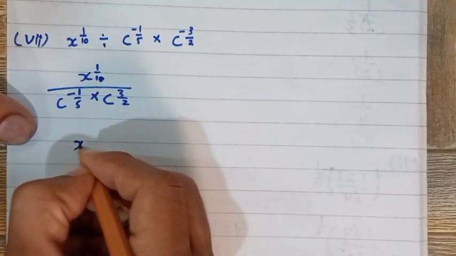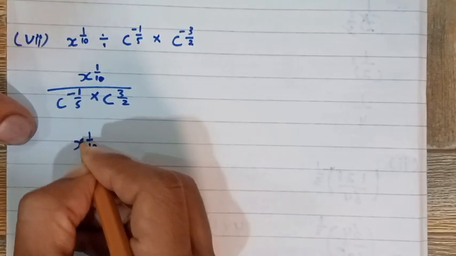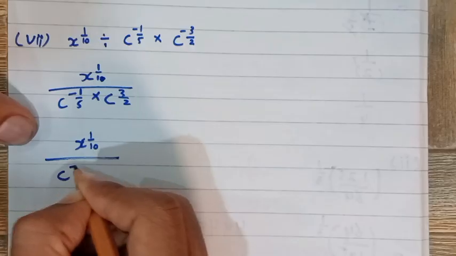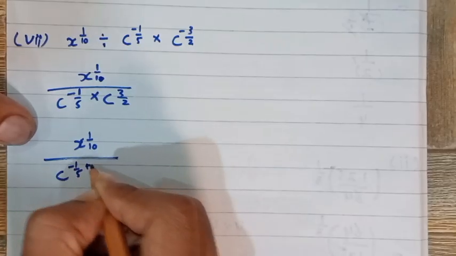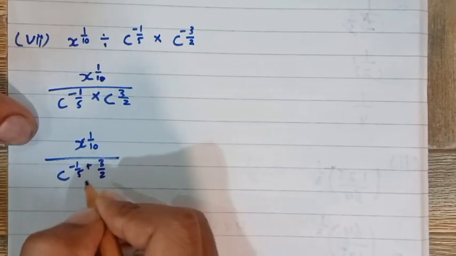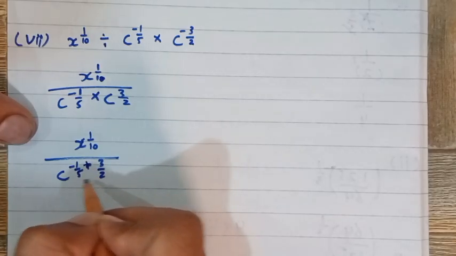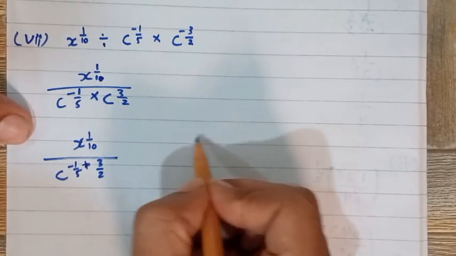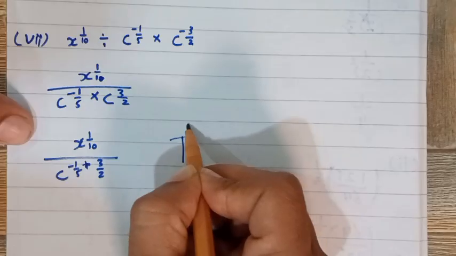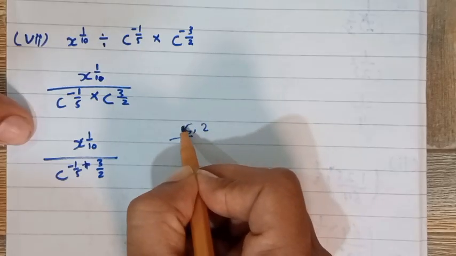You see here x power 1 over 10 over c, minus 1 over 5 plus 3 over 2. Here the positive sign is there, so I will take the LCM of them. 5 and 2, 5 and 2.